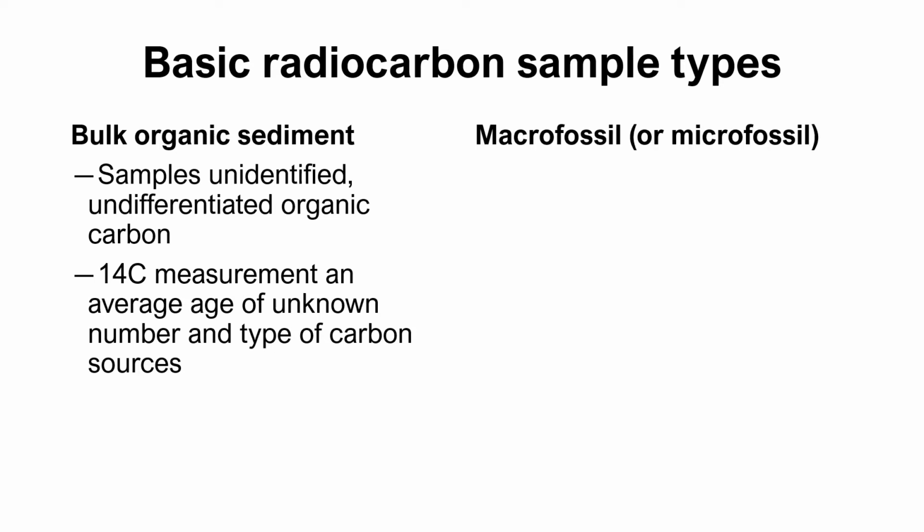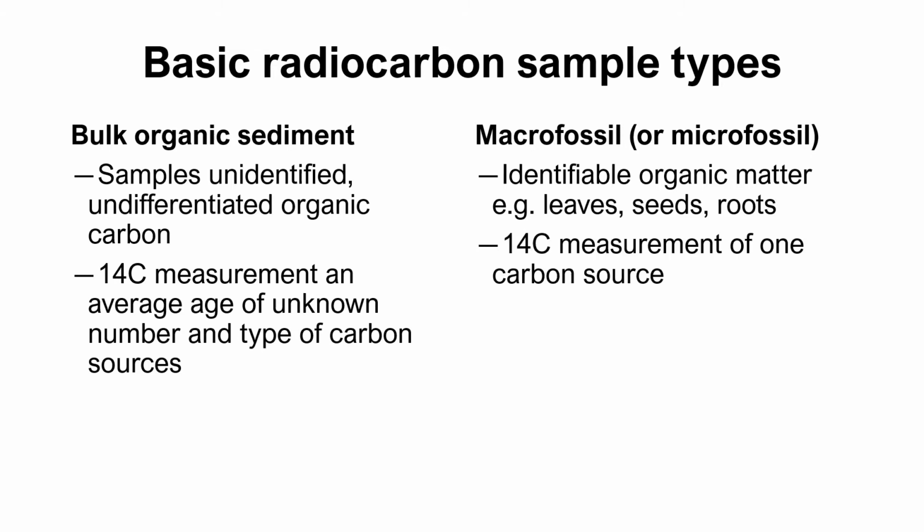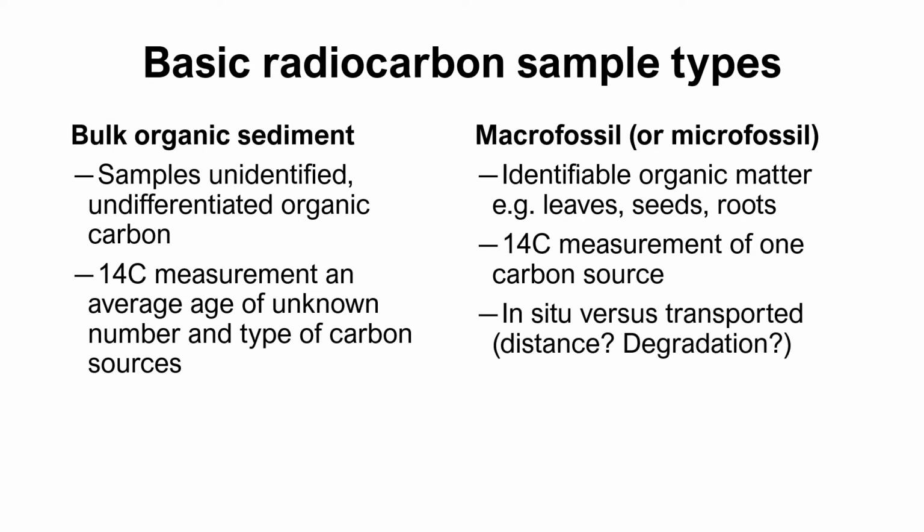The other key type of sample is some identifiable fossil, like a plant macrofossil or, for example, a microfossil. This could be leaves, seeds, roots, pollen, and often these might be able to be identified to a species level. And this is a measurement of one carbon type, one carbon source. So it's an age of the death of that particular part of an organism.